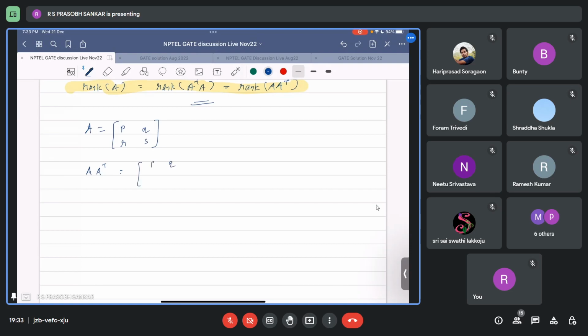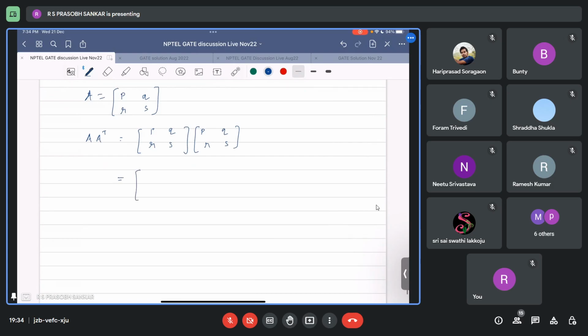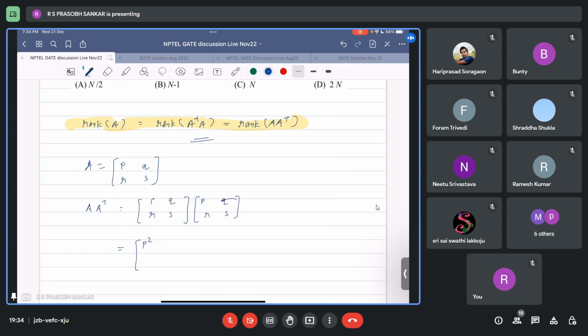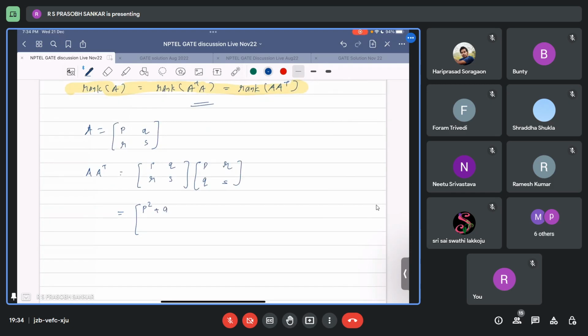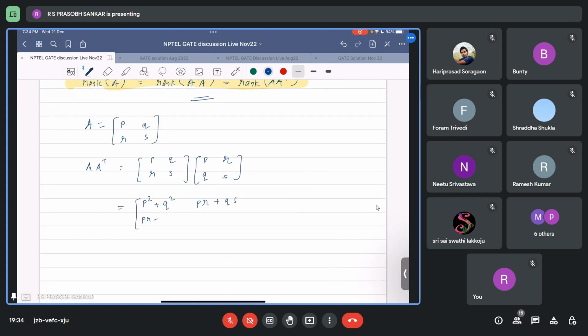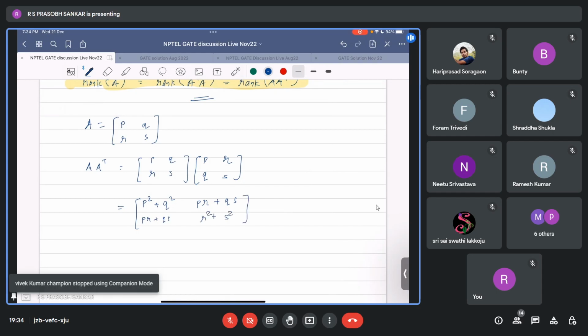This is like PQRS transpose times PQRS, which gives P square plus Q square, then PR plus QS, then PR plus QS and R square plus S square.